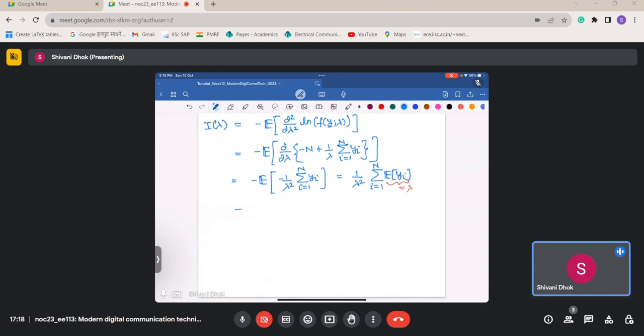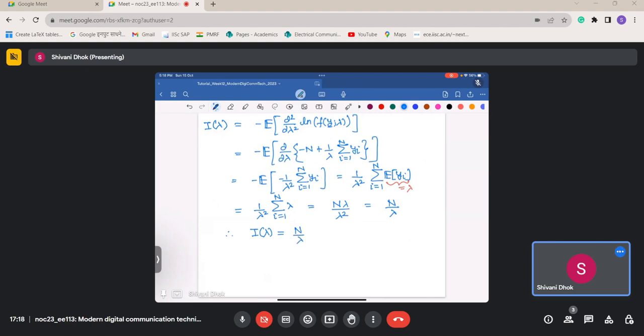So this comes out to be 1 by lambda square summation i equal to 1 to capital N of lambda. Now lambda is constant, so this comes out to be n lambda upon lambda square, which is equal to n by lambda.